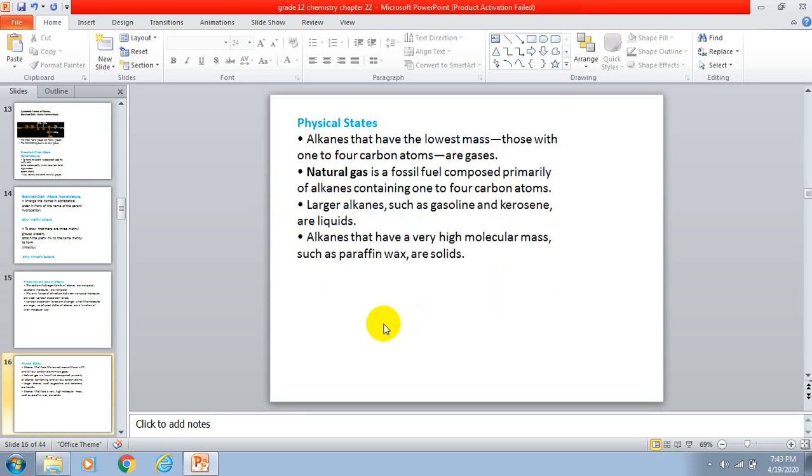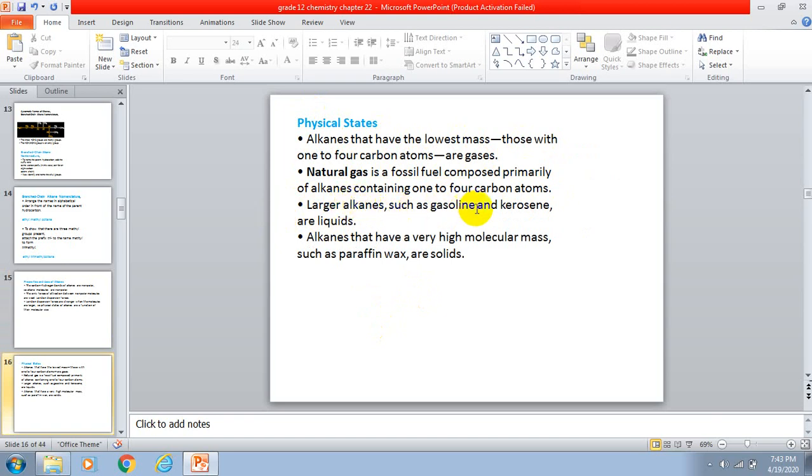Okay, then comes the physical states. Alkanes that have the lowest mass, those with 1 to 4 carbon atoms, are gases. Natural gas is a fossil fuel composed primarily of alkanes containing 1 to 4 carbon atoms.